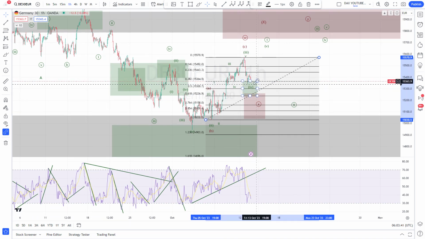Now we have to see, I mean, there is still space to go deeper as a wave 4 right here. So that could definitely happen. But then in order to have an impulse, we need to go up again, making this fifth wave and ending here with divergence.